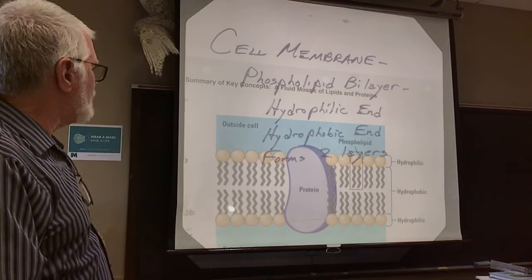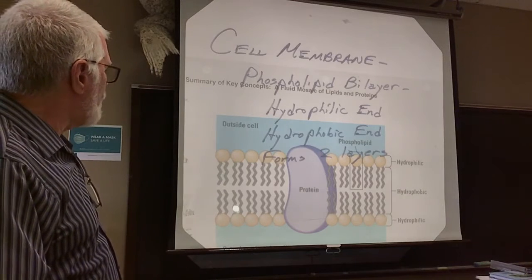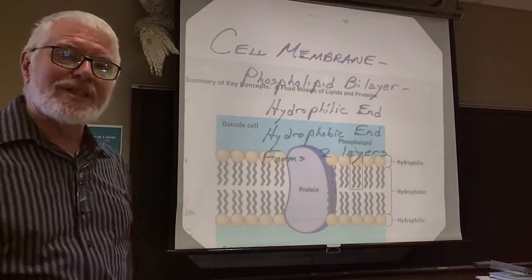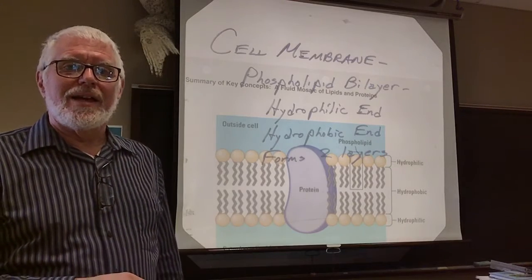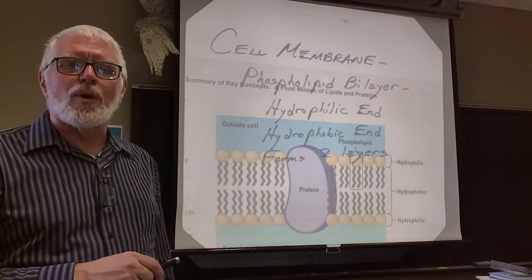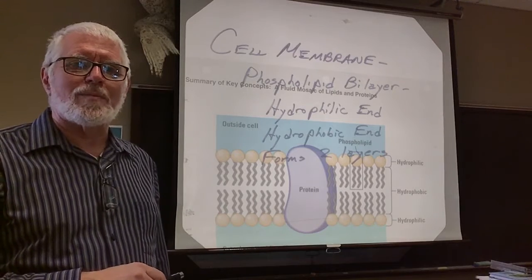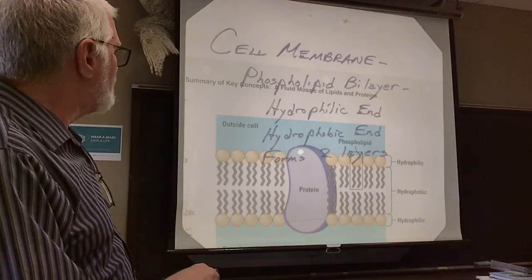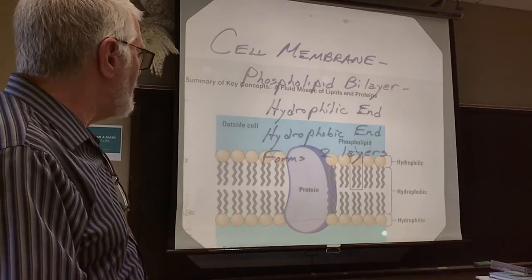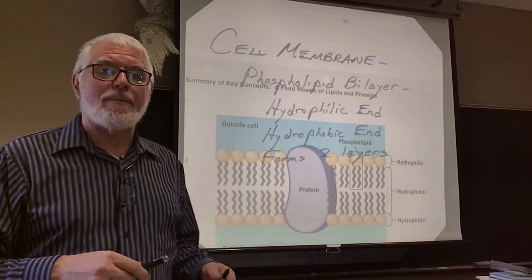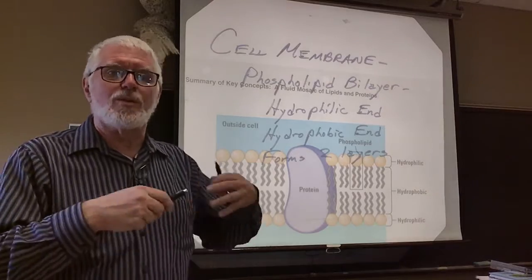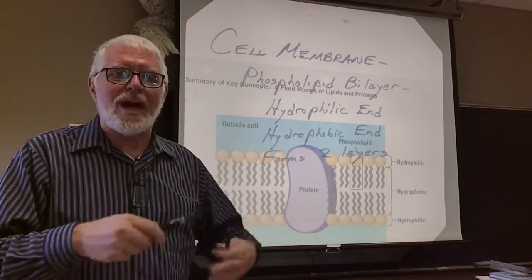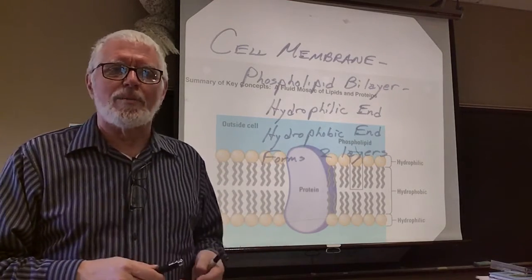But they would naturally form this layer where in the middle layer, there isn't any water. It's one hydrophobic molecule facing another hydrophobic molecule, and the parts that are okay with the water would face both the water on the outside and the water on the inside. This naturally happens if you take this kind of molecule and you shove it into the water with some agitation. It will naturally bubble up.